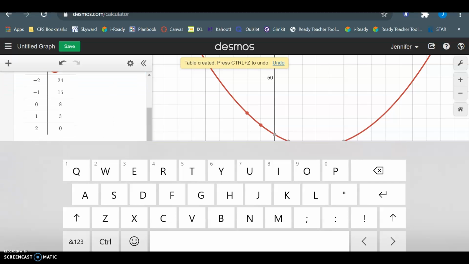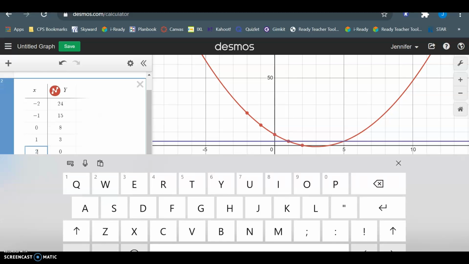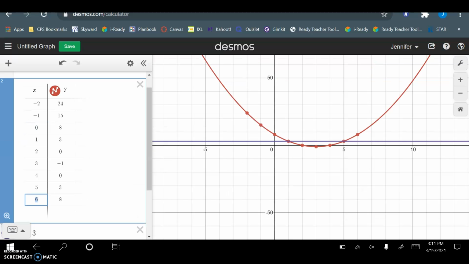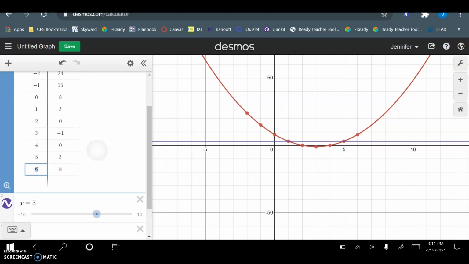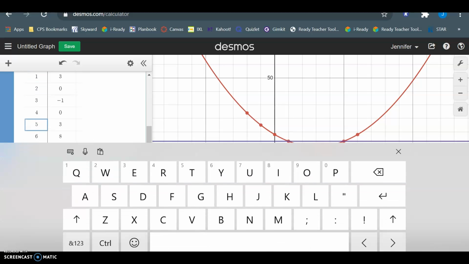It doesn't give us enough values to see. It starts at 1, but we need to go down until we get to 3 or larger again. So when I click in that x box, I can keep hitting enter, and it will keep giving me more numbers. As you can see, 1 is 3, and then all the way down to 5 is 3.